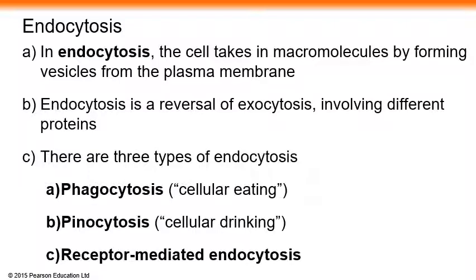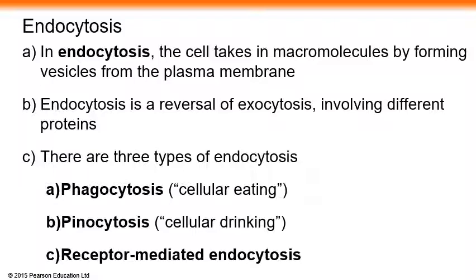In endocytosis, the cell takes in macromolecules by forming vesicles from the plasma membrane. Endocytosis is a reversal of exocytosis, involving different proteins. And there are three types of endocytosis. Phagocytosis: phago means eat and cyto means cell, so cellular eating.